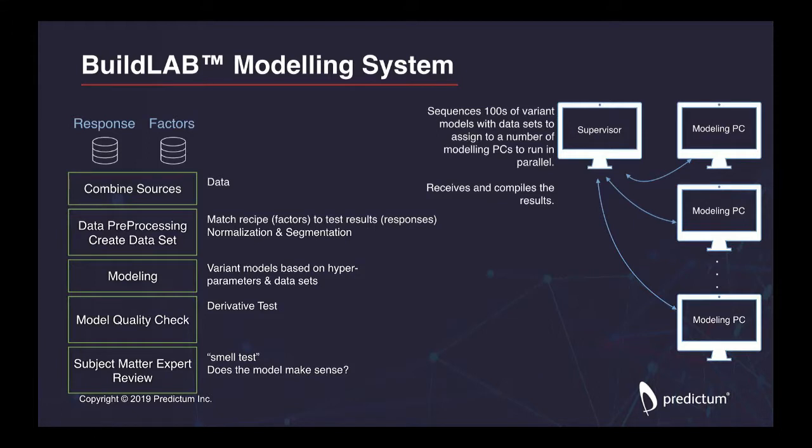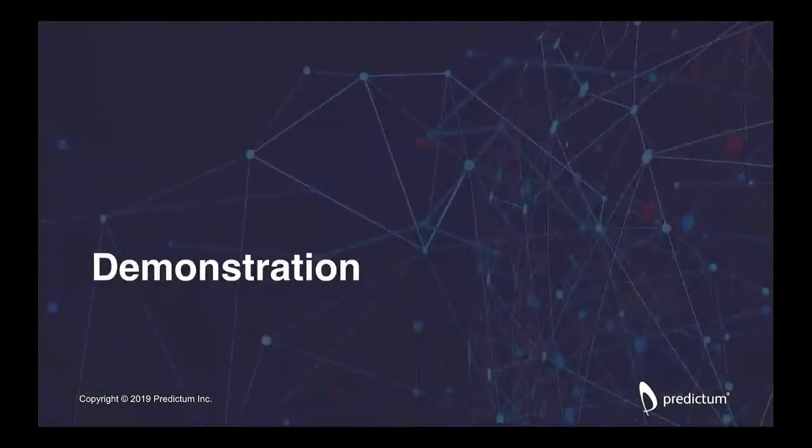So we're creating a list of things to go and do, and that supervisor is passing instructions on to client modeling PCs. So the more PCs you've got, the more work you can have done in parallel, because you're going to see in the demo that this is going to take about a minute or two, but modeling often takes an hour, 2 hours, 3 hours a day, several days, just depending.